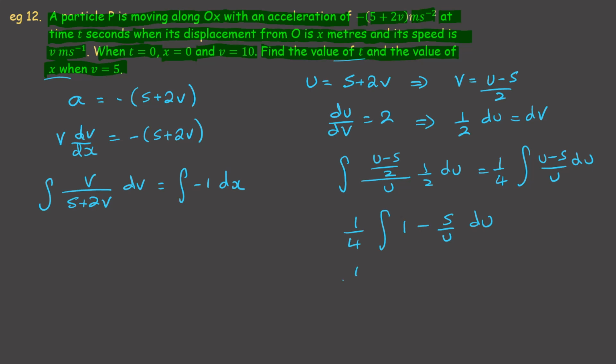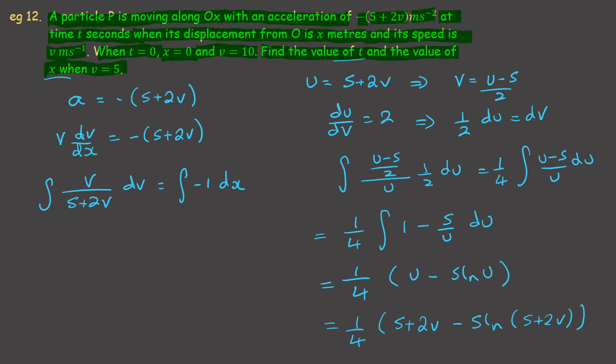And that gives us 1/4 of u minus 5 ln u, plus a constant, we won't worry about that. And so substituting back, that is 1/4 of 5 plus 2v, take away 5 ln 5 plus 2v.